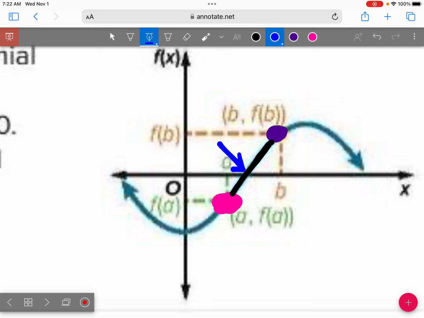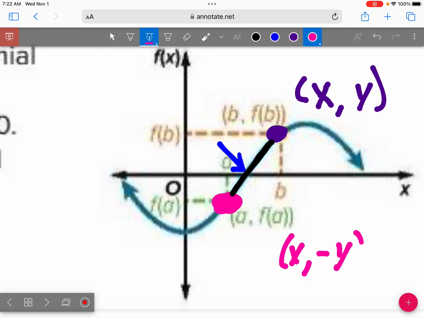If we're looking at a list of values, and I have an x with a positive y and an x with a negative y, somewhere in between those two x's there's a root. That's what this whole thing is saying.